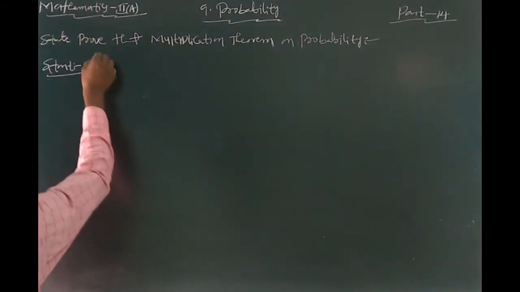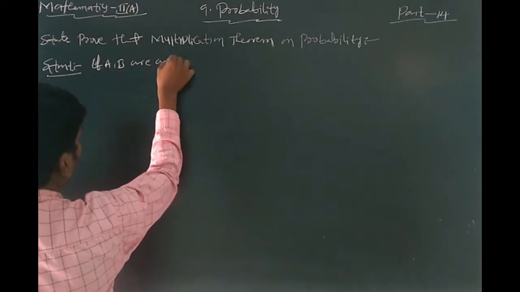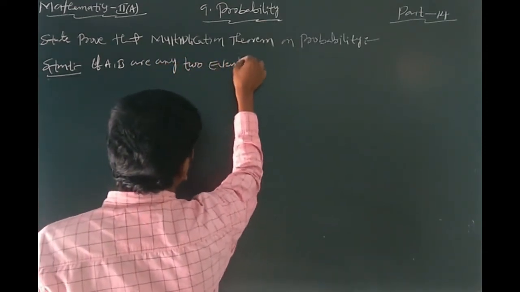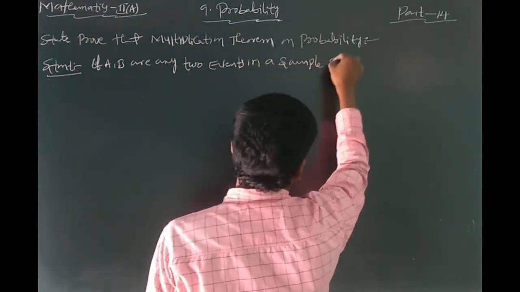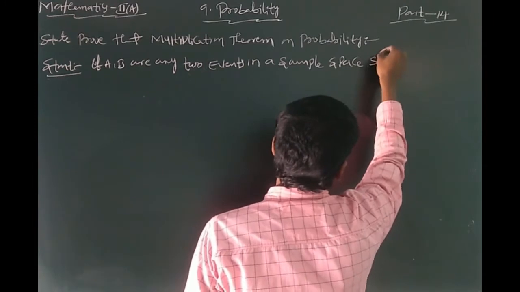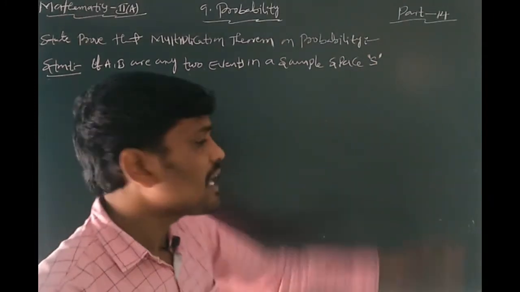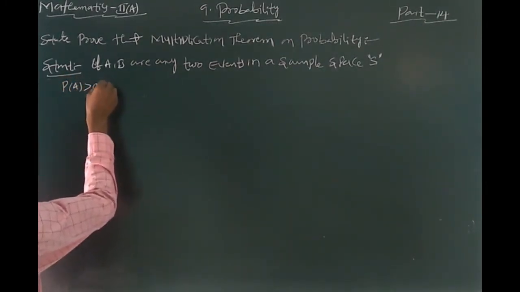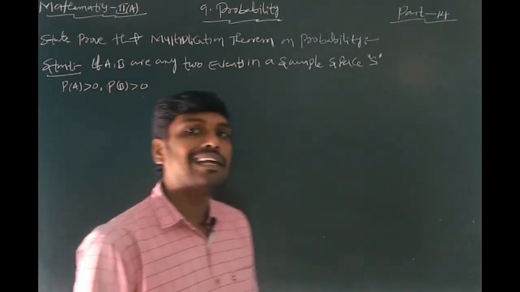In the statement: if A, B are any two events in a sample space, and P of A is greater than 0, similarly P of B is also greater than 0.